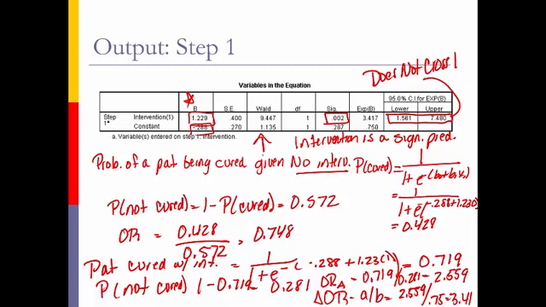All right, what does that mean? Well, that means the value is greater than 1. So as the predictor increases, and again, the predictor variable is intervention, so as you move from intervention 0, no treatment, to intervention 1, treatment, the odds of the outcome occurring also increase.